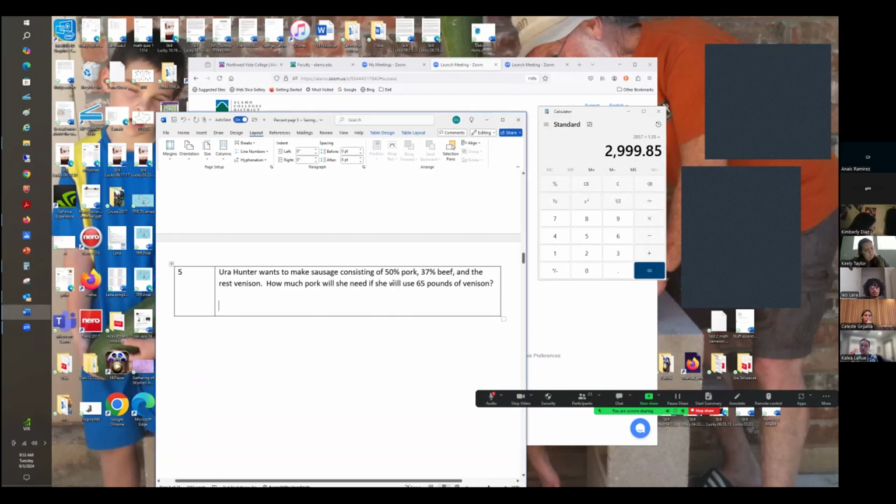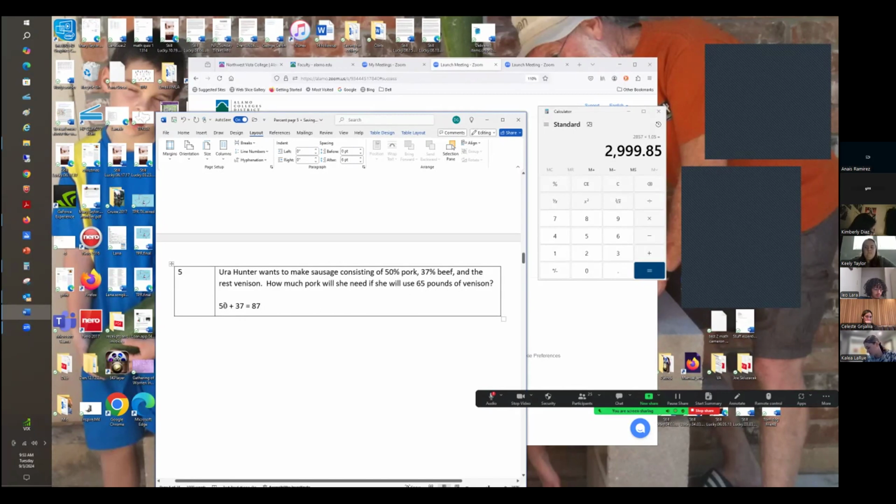All right. So we're going to make some sausage that is 50% pork, 37% beef, and the rest venison. The rest, that's key because 50% plus 37% equals 87%. Okay. Well, the rest must be whatever's left.